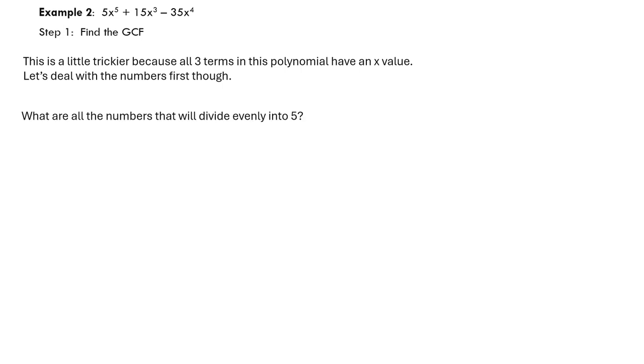So what are all the numbers that divide evenly into 5? They are 1 and 5. What are all the numbers that will divide evenly into 15?